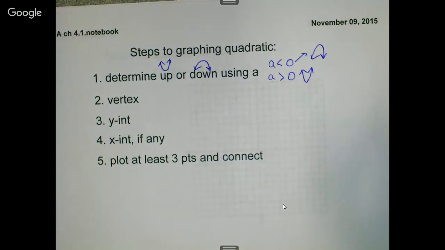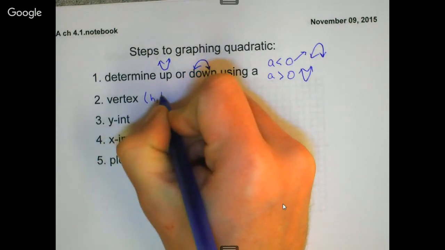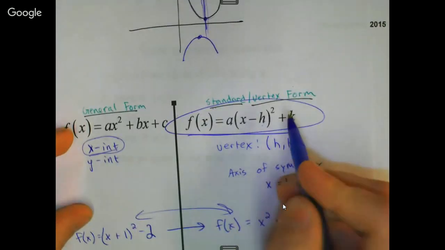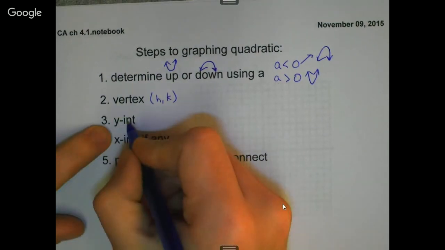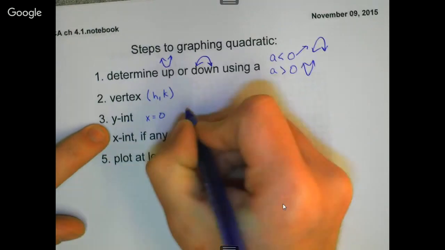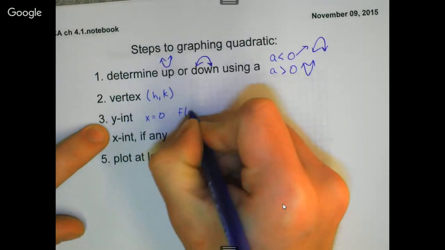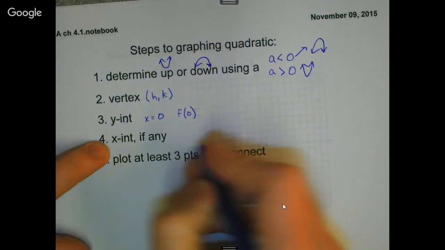Next, determine the vertex, which again is (h, k), just using this h and this k. Find your y-intercept, which is when x equals 0, so you're really finding f of 0. Find x-intercepts, if any.